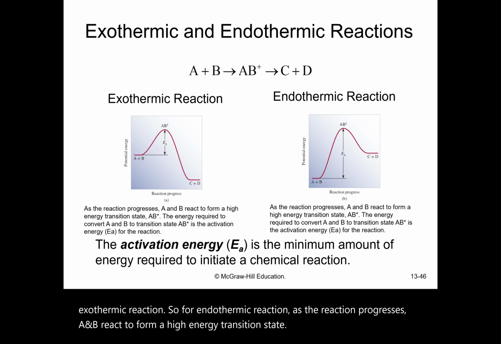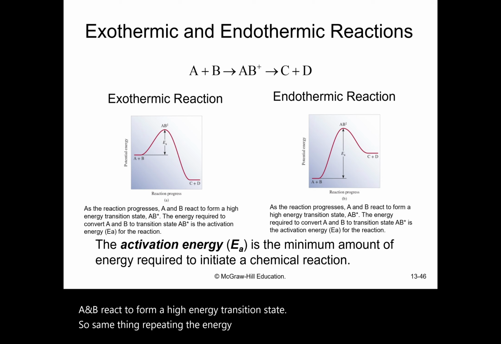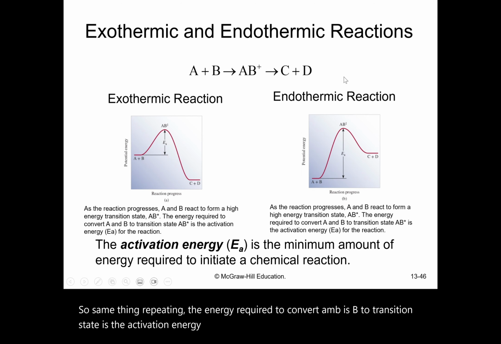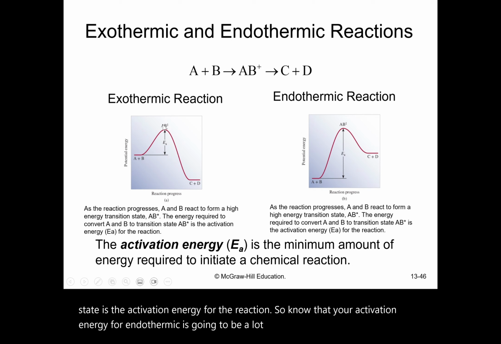Same thing repeating, the energy required to convert A and B to the transition state is the activation energy for the reaction. So know that your activation energy for endothermic is going to be a lot larger than for exothermic, which is smaller.